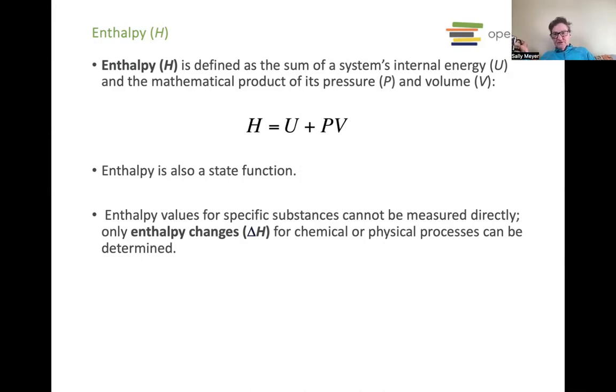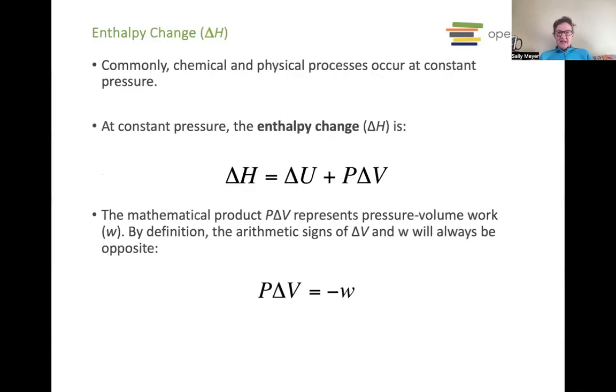Enthalpy values for specific substances can't be measured directly. You can't know the total internal energy, pressure, and volume of a system, but you can know how much it changes with a chemical process. So we can measure a delta H. We can't measure an H. If we say the process happens at a constant pressure, the change in P times V is only a result of V changing, because P is constant.